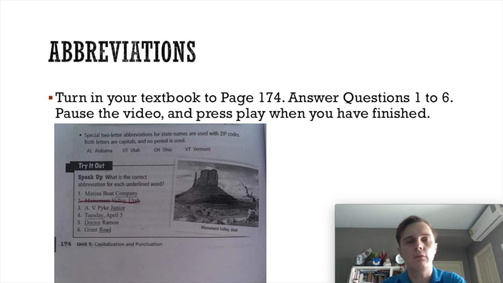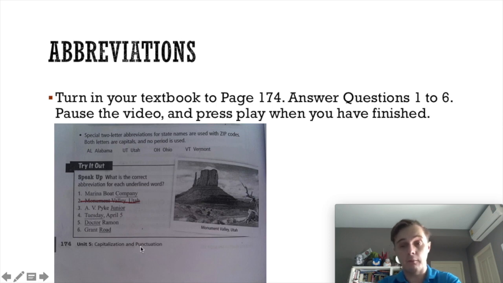So when you do questions 1 to 6, you could ignore number 2. So look at number 1. We've got the Marina Boat Company. The word company has been underlined, and you need to give the abbreviation for that word. And you need to give abbreviations for numbers 3, 4, 5, and 6 for the underlined word.